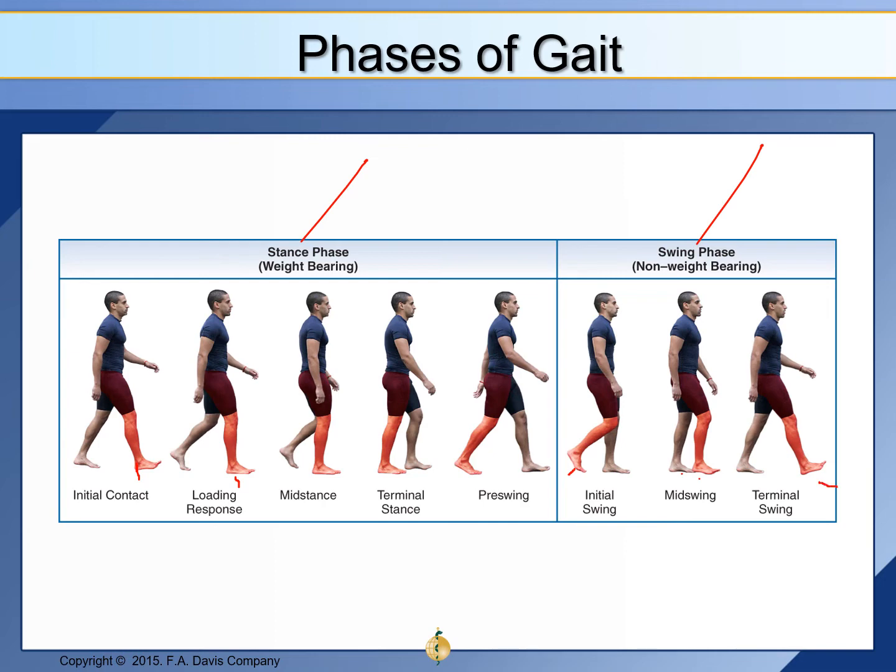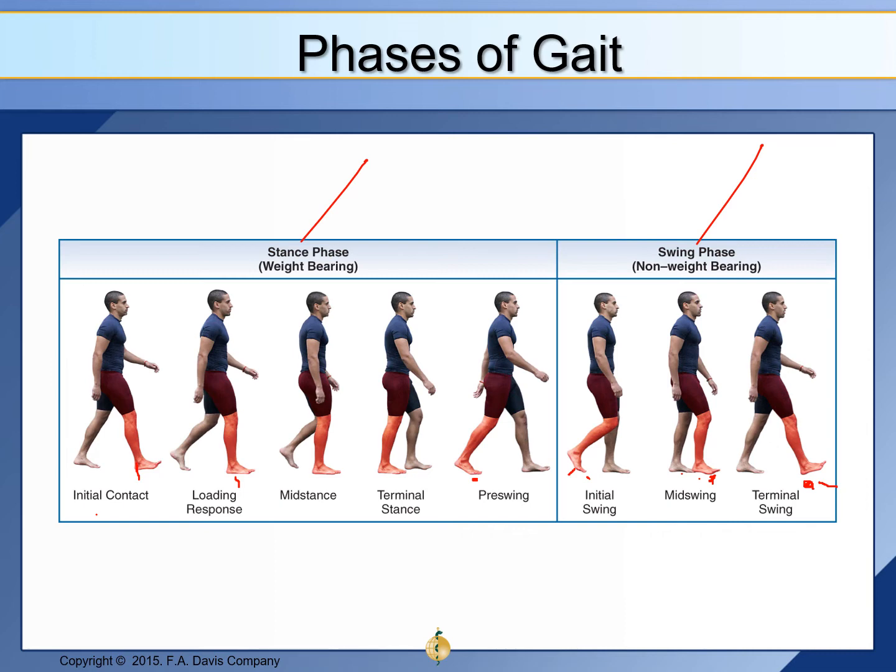We have five phases in the stance phase: initial contact, where the foot is going to the ground, loading response, mid stance, where you're pushing all the weight down, terminal stance, and pre-swing. The toe is lifting up and going higher, and you can see the swing phase where the foot is not touching the ground, and terminal swing where the swing phase is ending and the foot touches the ground.